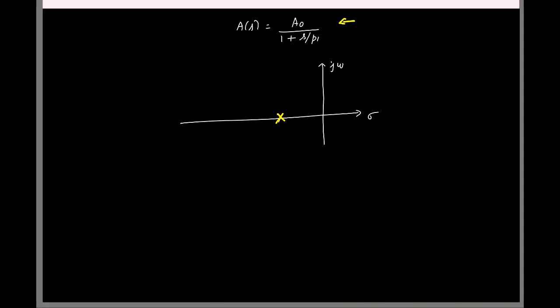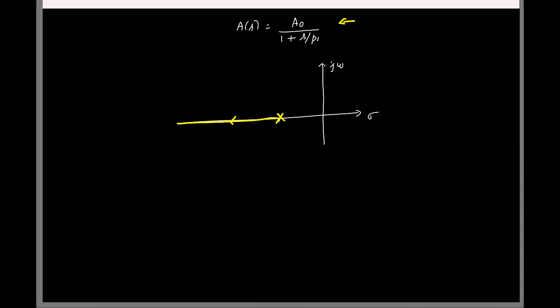So where is the zero here? Infinity. Minus infinity to be exact, right? So it will start here and just go there. That's all, right? And again, it's clear that for any value of the DC gain you choose, the closed loop poles are lying in the left half of the s plane, and the first order system is hence stable, right? This is the 100th time we are looking at this.